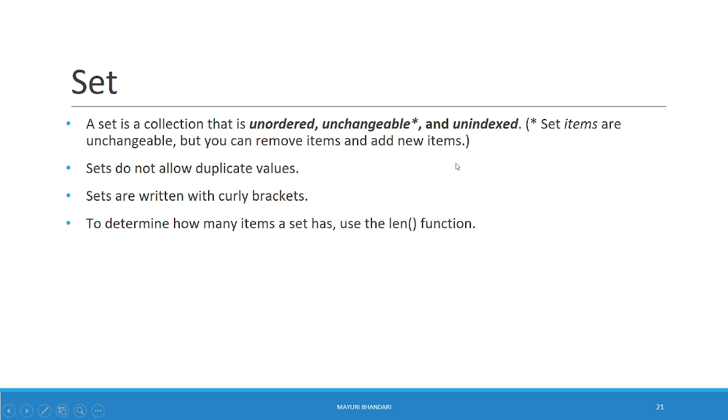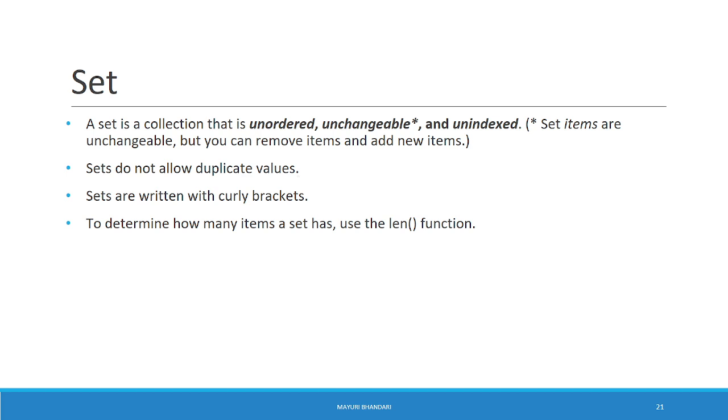Only you cannot change the value of existing items in the set. One more thing about set is it does not allow duplicate values. Set will not allow you to insert duplicate values into it.